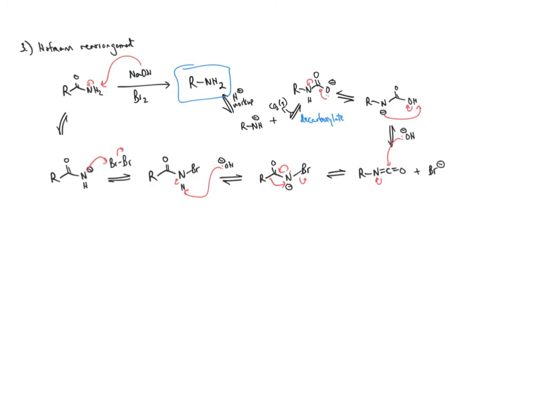Let's do another reaction that's actually really similar to this, and that's the Wolff rearrangement. So this is number 4. The Wolff rearrangement starts from an acid chloride, but uses diazomethane as the nucleophile.